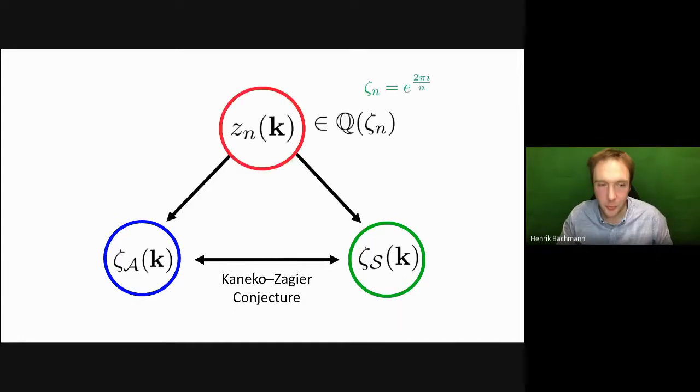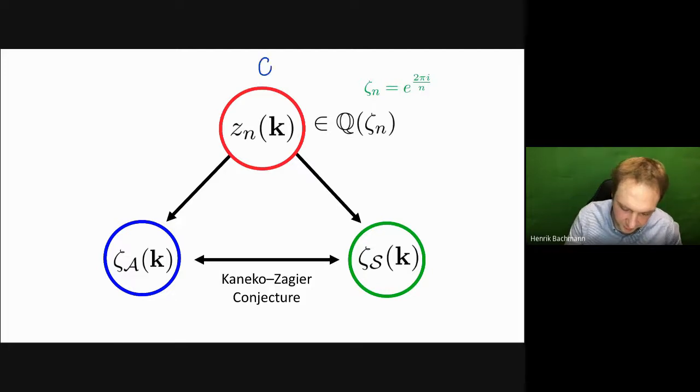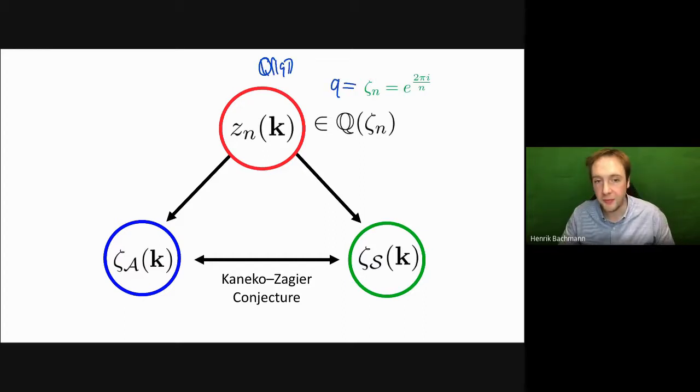The way we want to do this is by introducing these objects, which we denote by Z and K. They will be defined as some q-series, and then we will consider this q at a primitive root of unity. Originally these will be some q-series, and then we will set q to be some nth root of unity.